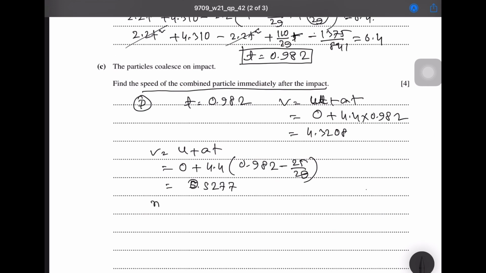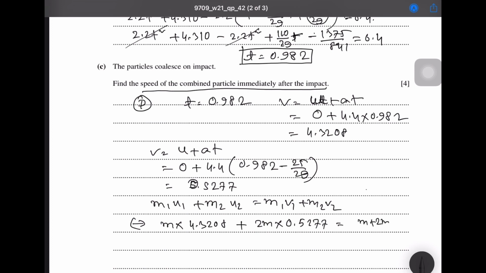Now we know the conservation of momentum: m1 u1 plus m2 u2 equals m1 v1 plus m2 v2. Since it's going in the same direction, m into 4.3208 plus 2m into 0.5277 equals, after collision, m plus 2m, that is both masses together, then the velocity, I have considered v.